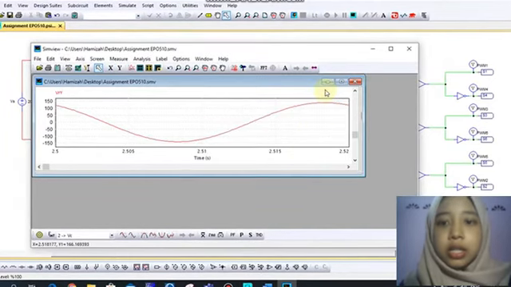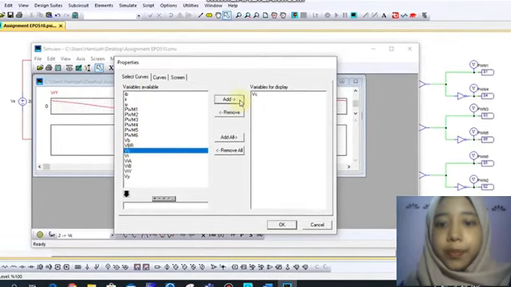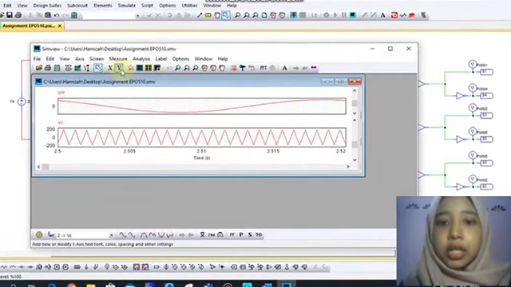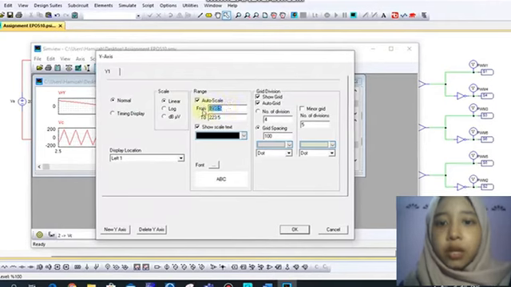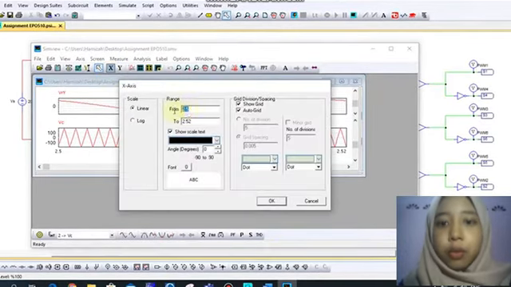We can choose another waveform also, VC. So we can adjust both the y-axis negative 185 until 185, and also the x-axis 2.5 until 2.52.